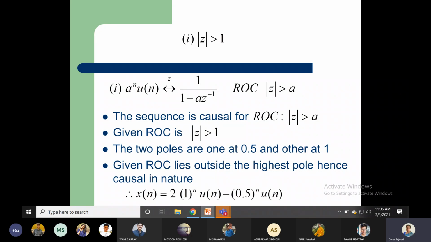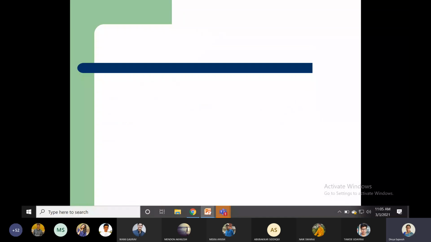By applying the inverse Z transform, you can write the signal as 2 into 1 raised to n u of n minus 0.5 raised to n u of n, since it is the case of a right-sided sequence, because the given ROC is greater than 1.